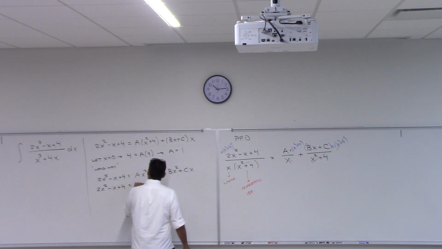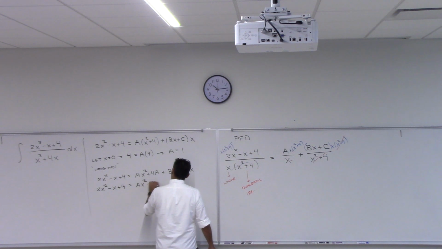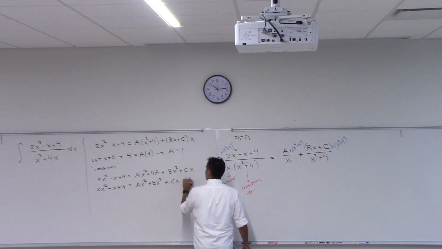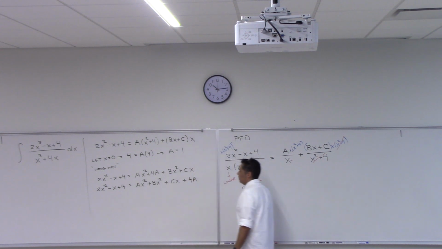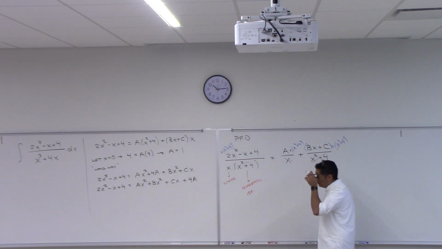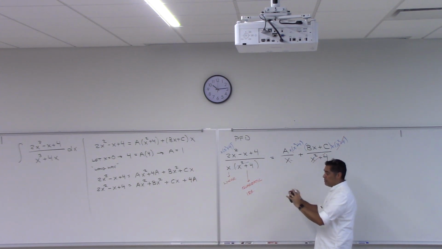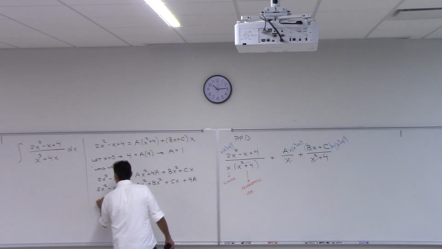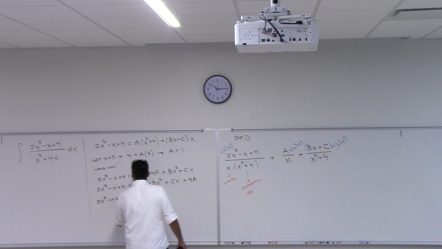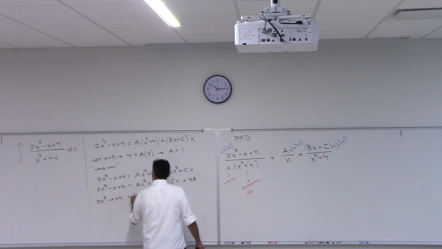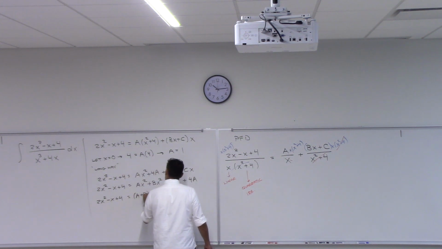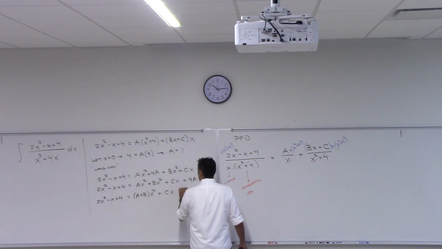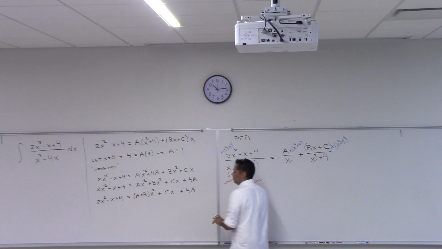Let's see, I've got ax squared, and I also have a bx squared. I have a cx, and the only thing that doesn't have an x is a 4a. Like that. That was just me moving things around. And then, let's see, here I can pull the x squared out. I get a plus b in front of x squared. Here I have a c in front of x, and here 4a is by itself.